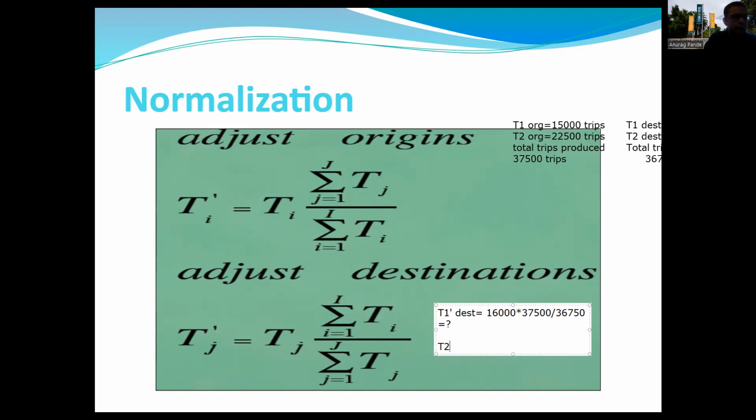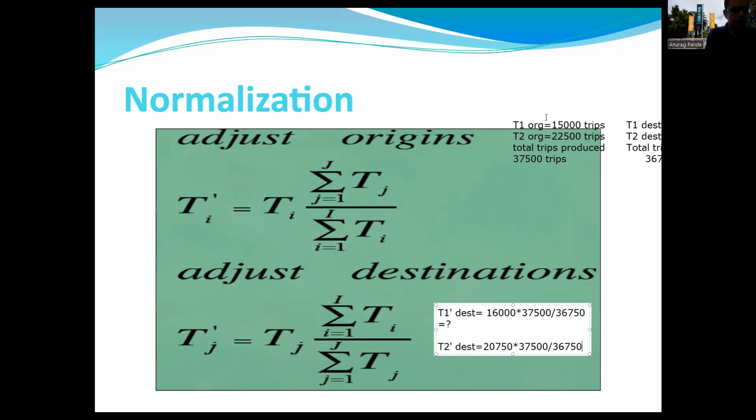For T2 prime, the number adjusted would be the same thing. It'll be 20,750 times 37,500 divided by 36,750. Now the beauty of this is when I add these two trips up, my trips are going to add up to 37,500, which is also the sum of my originating trips.